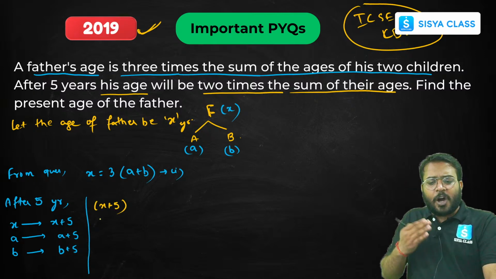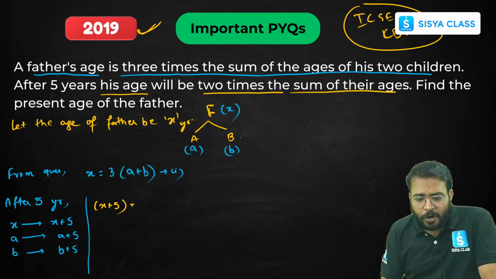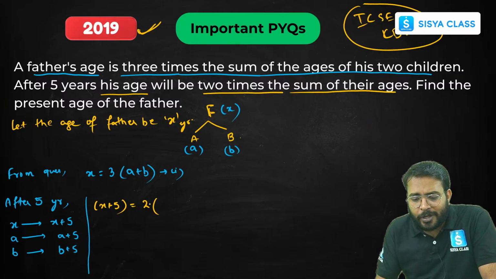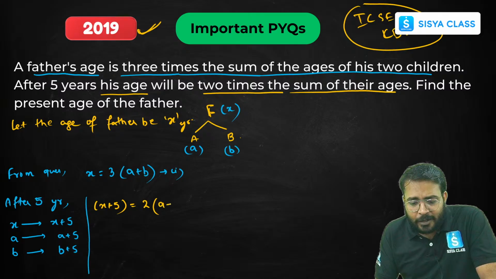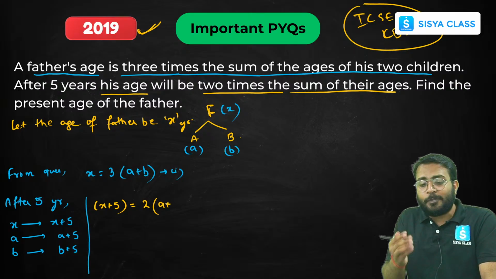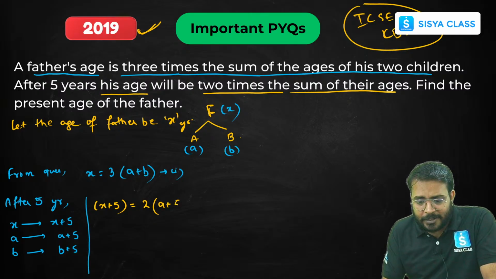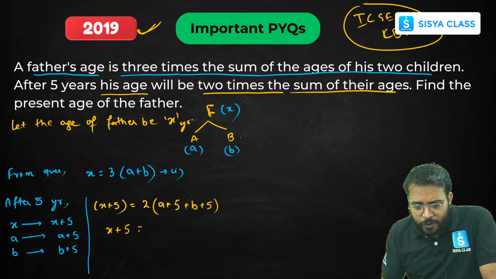So his age will become 2 times the sum of his children's ages. The first child's age is going to be A plus 5 and the second child's age is going to be B plus 5, yes or no? That means X plus 5 will be equal to 2 times (A plus B plus 10).